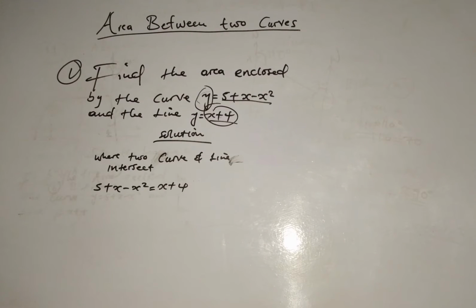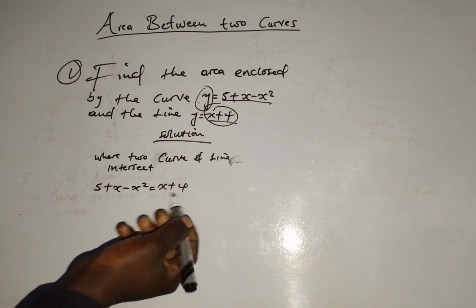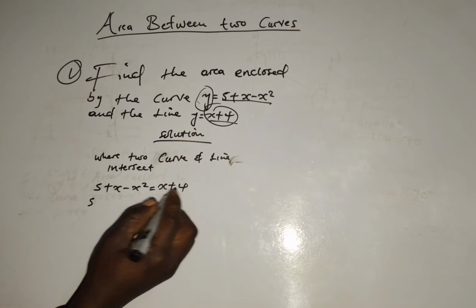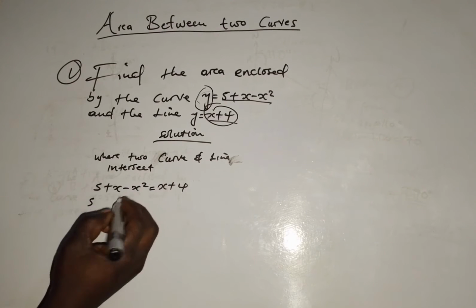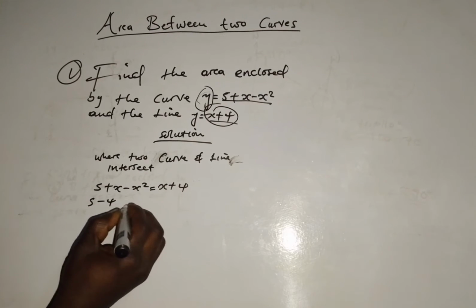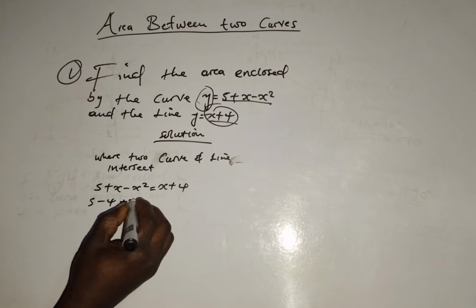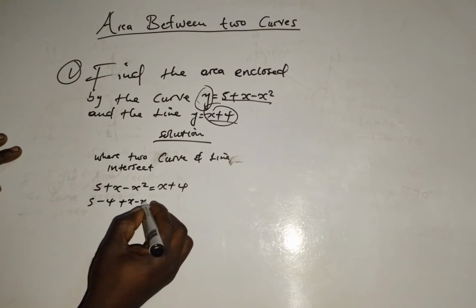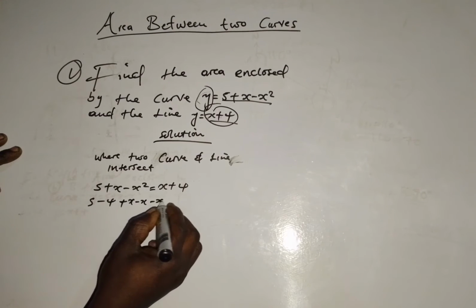Now we have to collect the terms. When 4 crosses the equal sign it becomes minus 4, and when x crosses the equal sign it becomes minus x, then minus x squared.